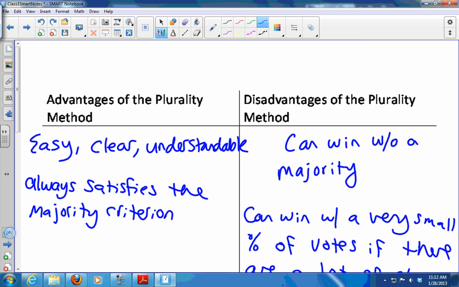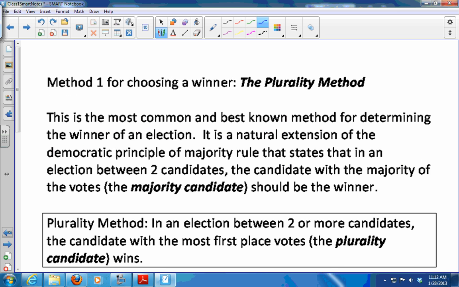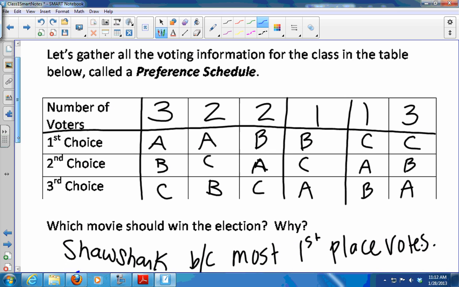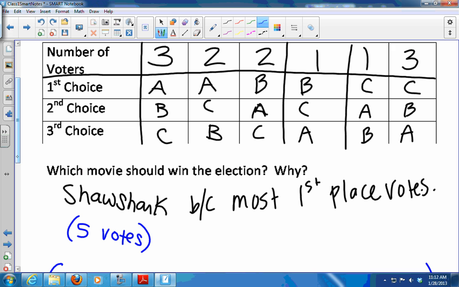All right, let's look at our movie preference schedule. Do you think we have a Condorcet candidate?